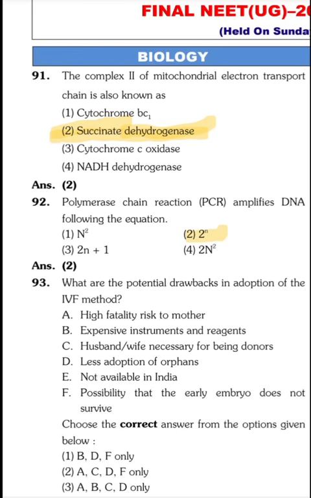What are the potential drawbacks in adoption of the IVF method? High fatality risk to mother, expensive instruments and reagents, husband-wife necessary for being donors, less adoption of orphans, not available in India, possibility that the early embryo does not survive.